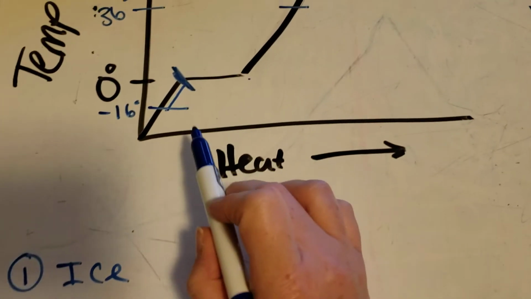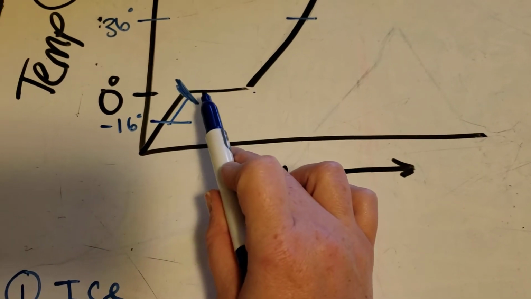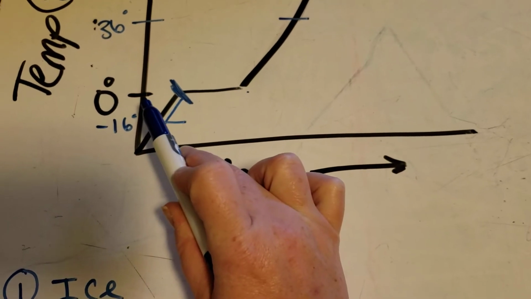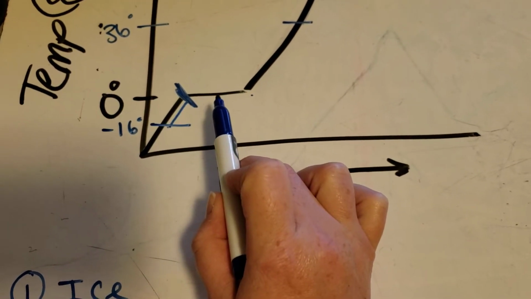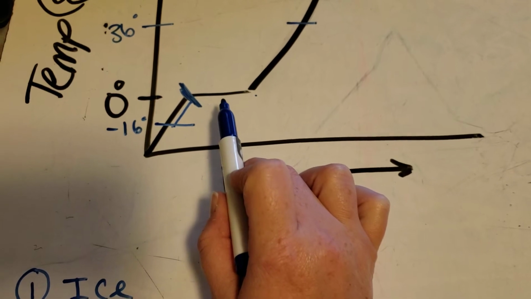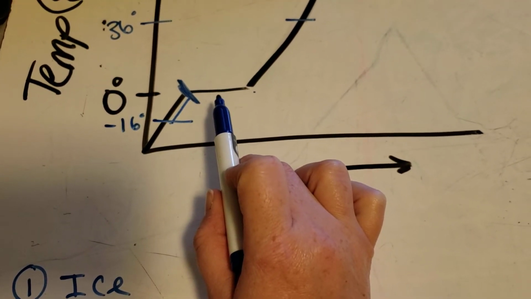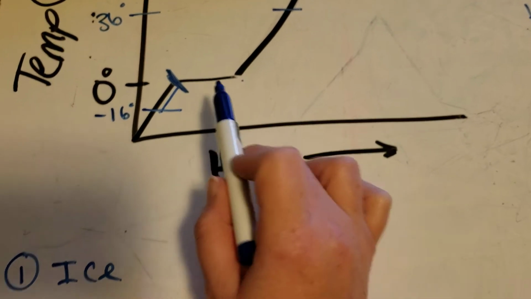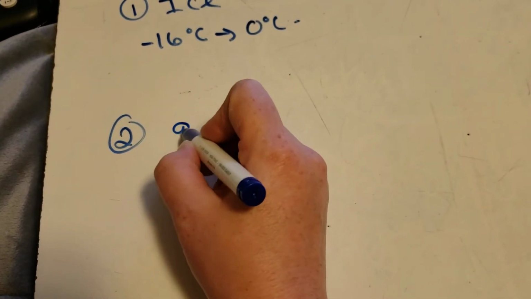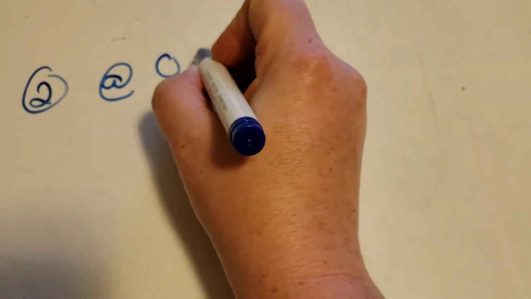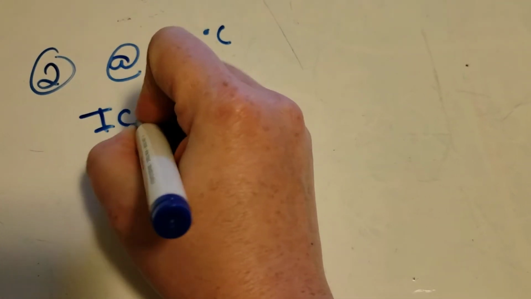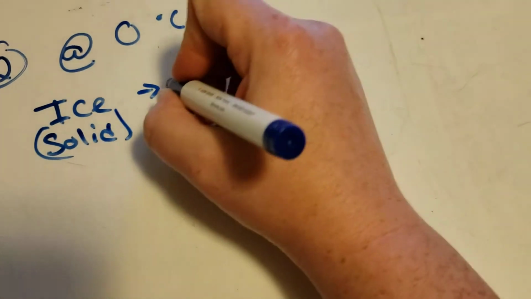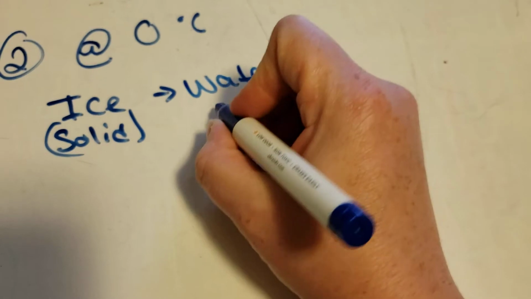Second problem. Now, at 0 degrees Celsius, this flat line is showing me that I am staying at 0 degrees Celsius, but in this problem, since my temperature is not changing, my phase is changing. You can only have one or the other happen. You can't have both a temperature and a phase change happen. So here, I am at 0 degrees Celsius, and I'm going from ice, or solid, to water, which is my liquid.